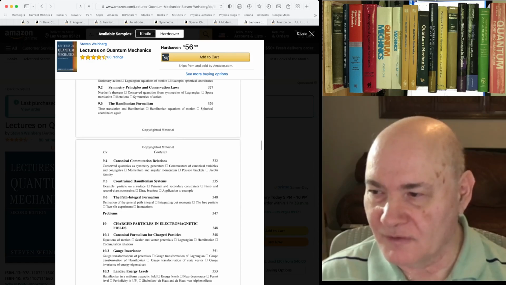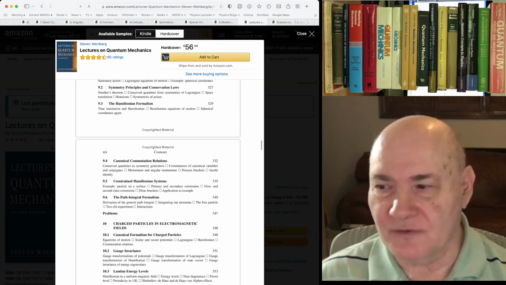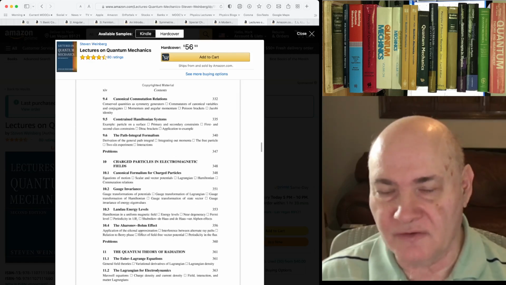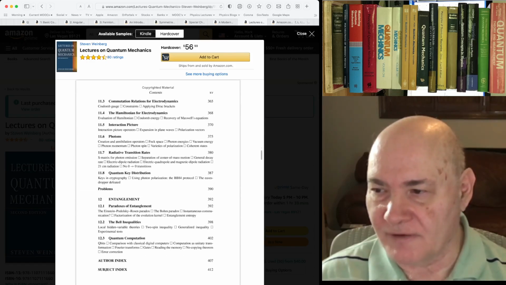No other book does constrained Hamiltonian systems and everything. So that's where he's really strong, and he does a non-relativistic quantization of charged particles in electromagnetic fields and the quantum theory of radiation.